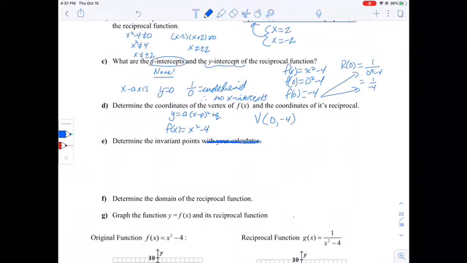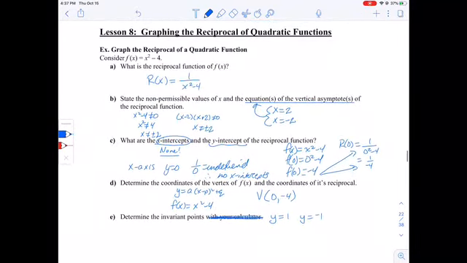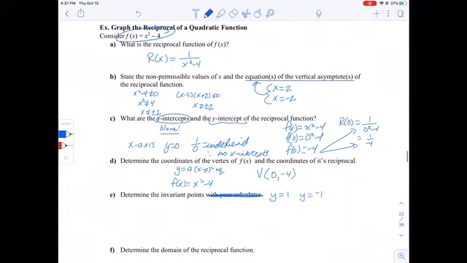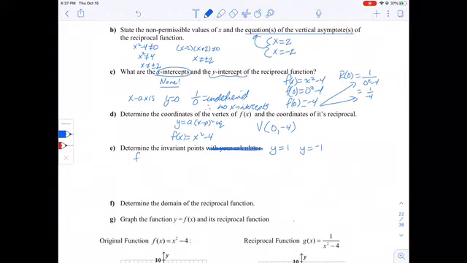Determine the invariant points with your calculator. We'll just do that without our calculators here. I know that the invariant points are going to be at y equals 1 and y equals negative 1. I could use either equation, but I'm going to use the first equation. So if f of x equals 1, then 1 is equal to x squared minus 4.